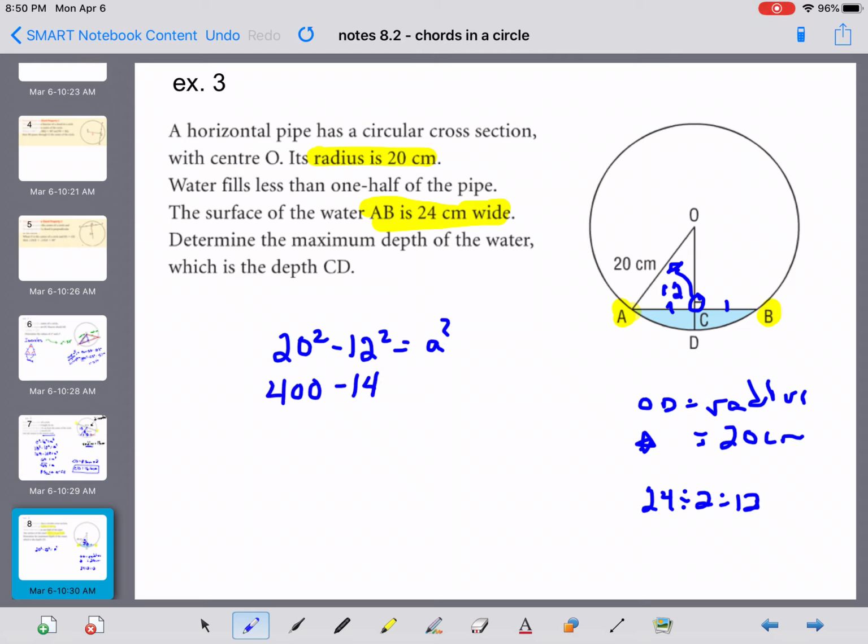Take away 144 equals A squared. So we pull out our calculator and we quickly go 400 take away 144, and we get 256. I'm going to take the square root of that, because the square root of 256 will give me A, and so A is equal to 16 units.